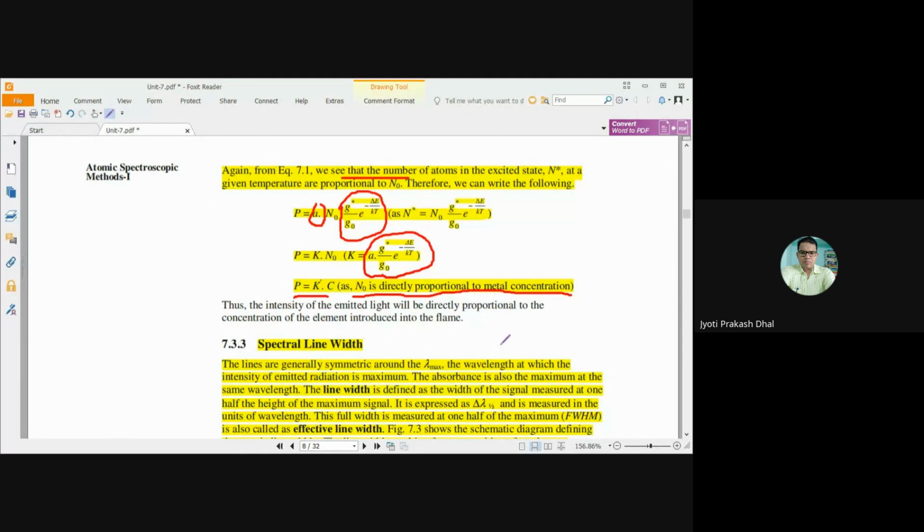So that's why the intensity of the emission spectra P equals some constant into the concentration of the metals present in the sample. So P is directly proportional to C. That means if more metal atoms are there in the sample, then the intensity of the spectra will be more.